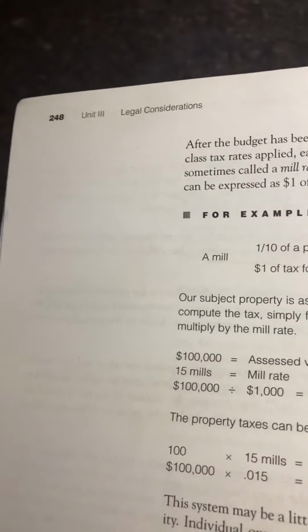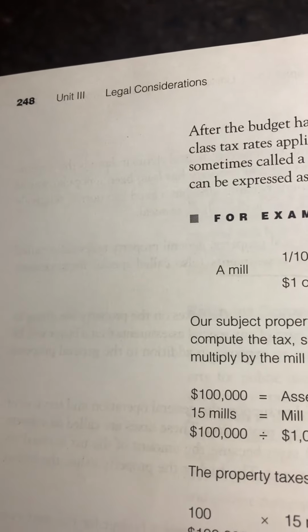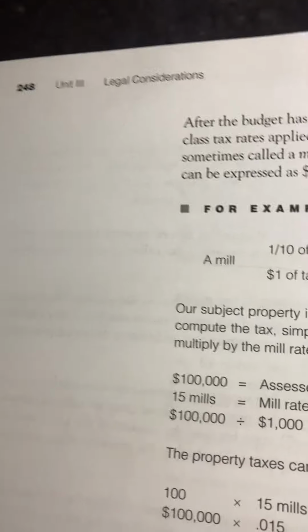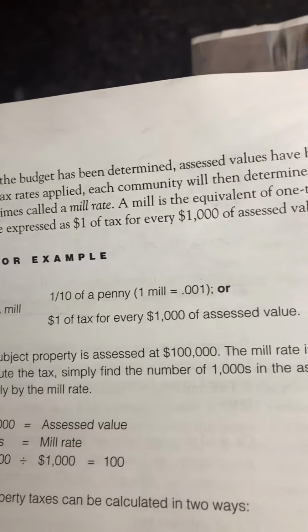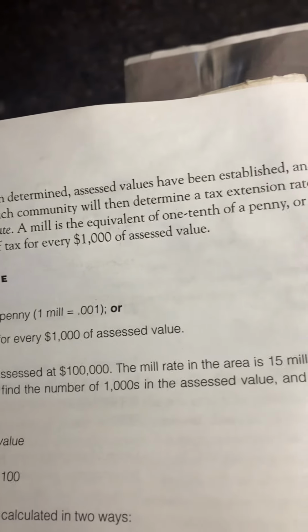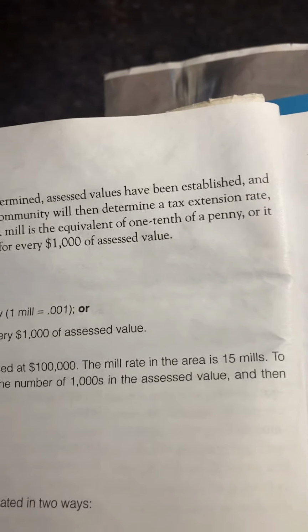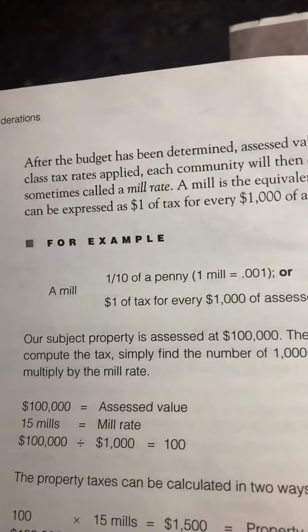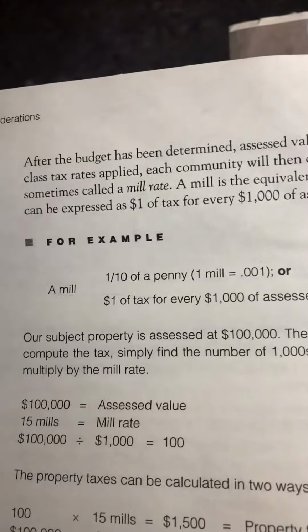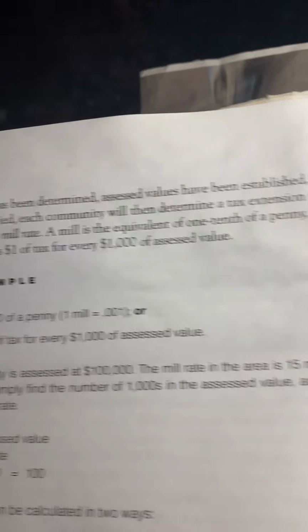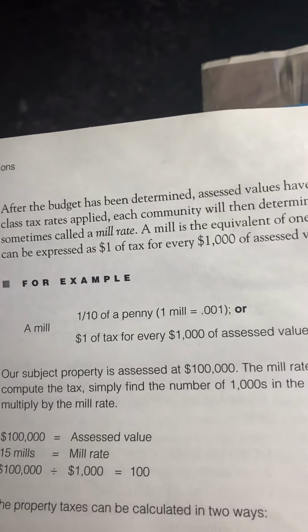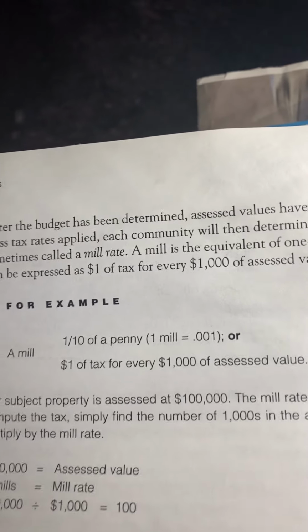Basic Appraisal Principles, page 248, Unit 3, Legal Considerations. After the budget has been determined, assessed values have been established, and class tax rates applied, each community will then determine a tax extension rate, sometimes called a mill rate.